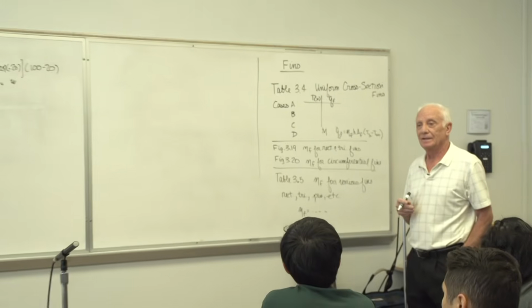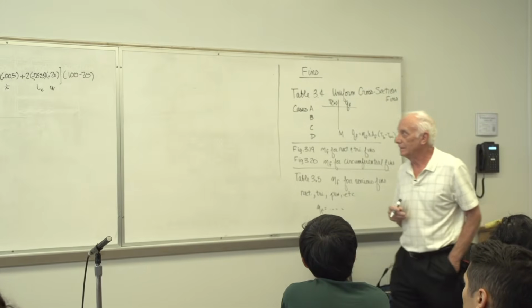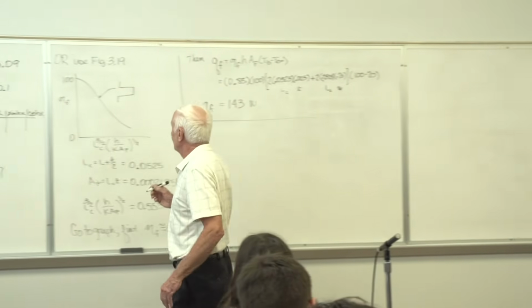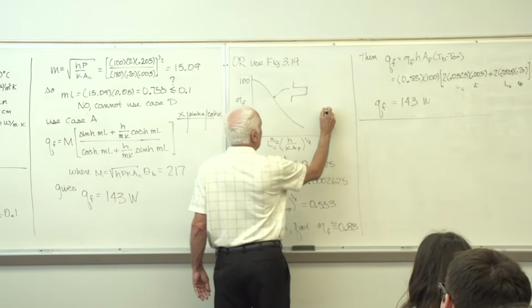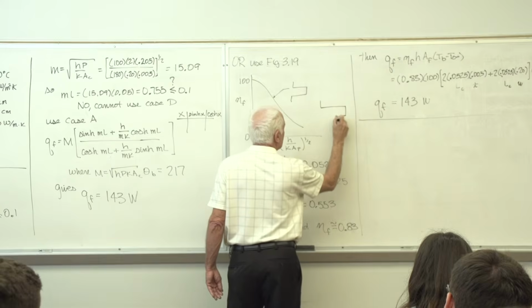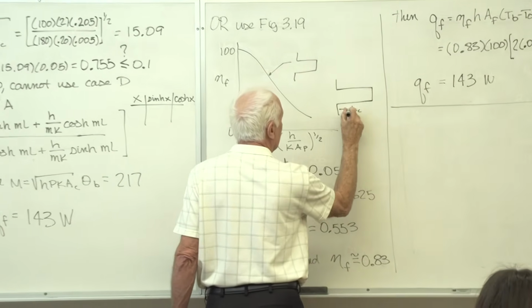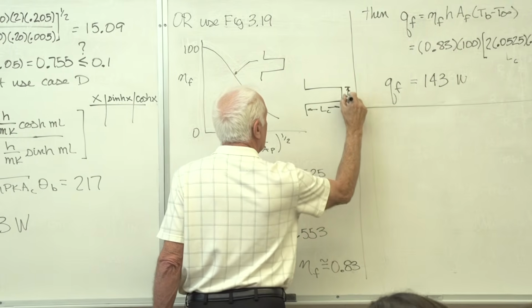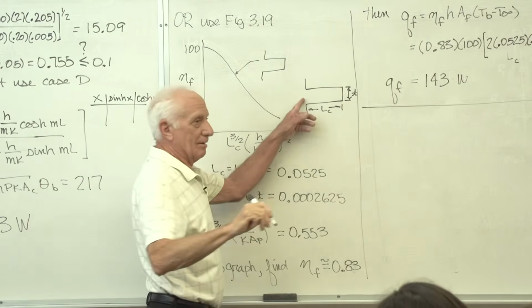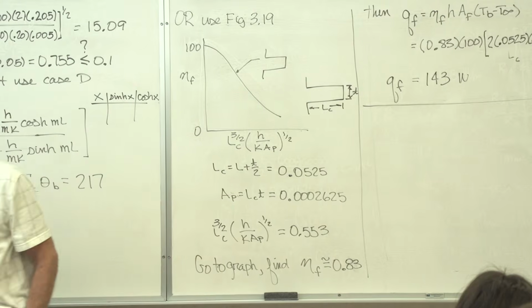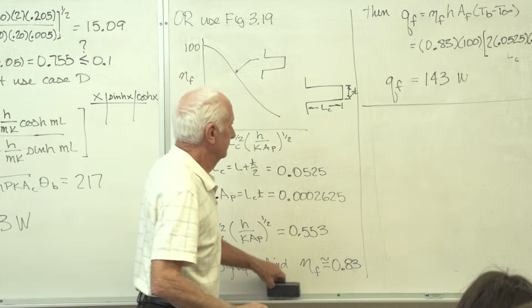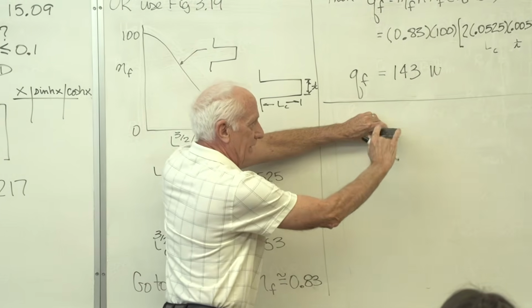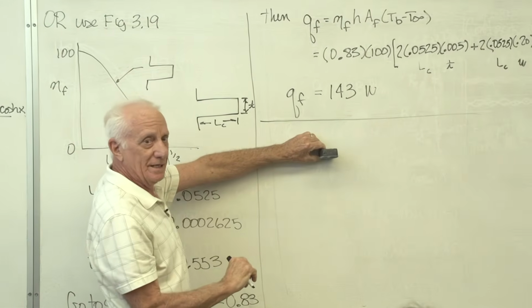Why for Q F do you use 2 times the corrected fin length times thickness? Isn't it only one side? Okay, because now the model of our fin looks like this. Here's L sub C, here's T, and W's out to you. L sub C, T, W. What areas lose heat to air?